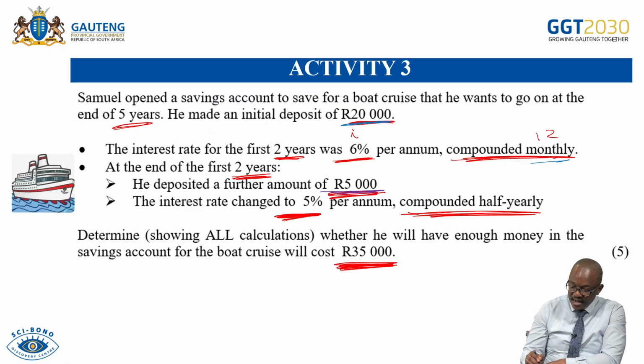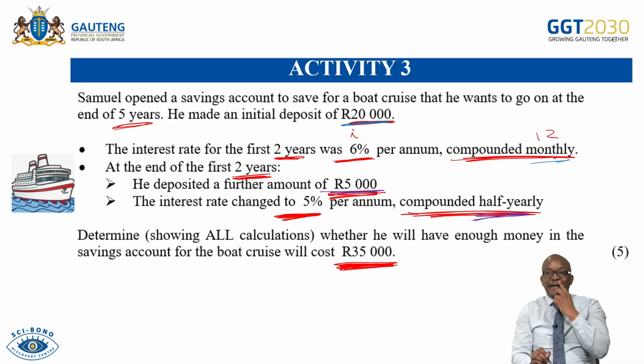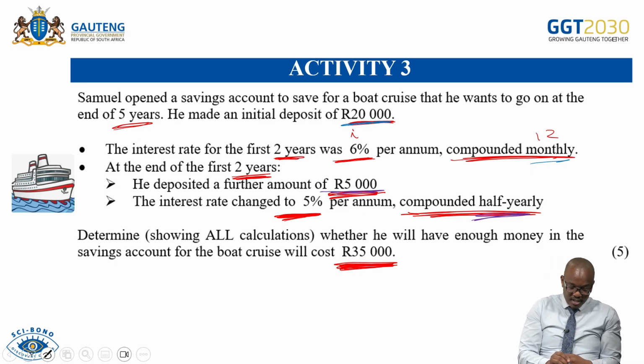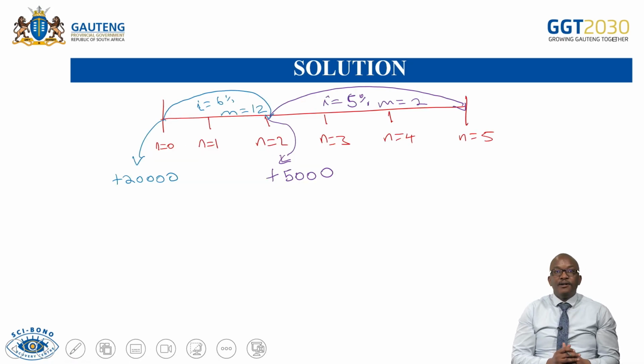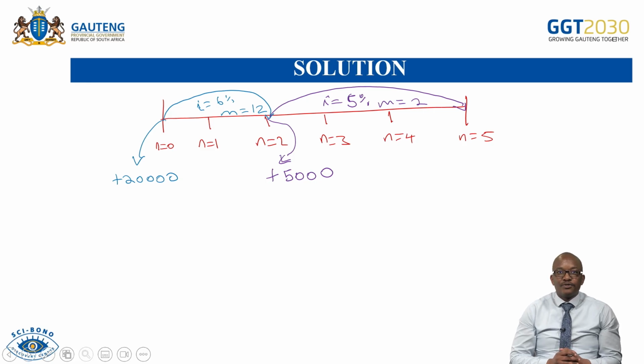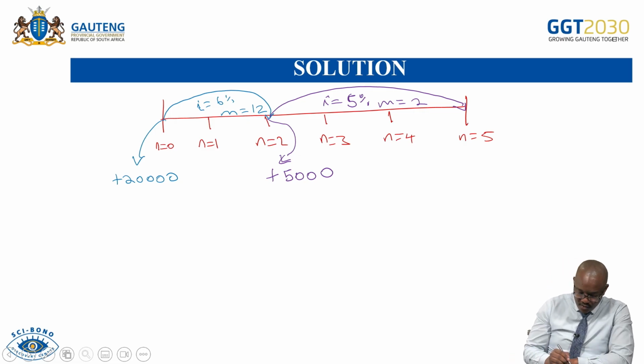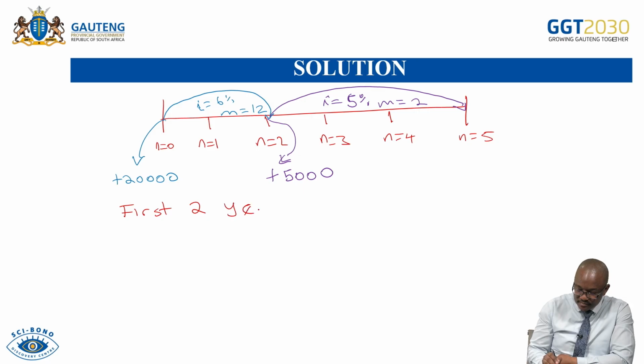Half yearly, remember, is 2 times a year. So that's how the number line goes. I think this one was not even complicated, but you just have to do it so that you understand what you are dealing with. So now, for the first 2 years, that's what is going to happen.